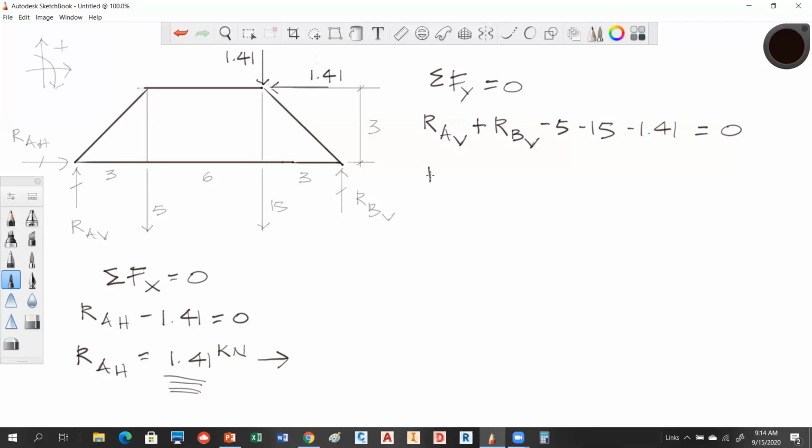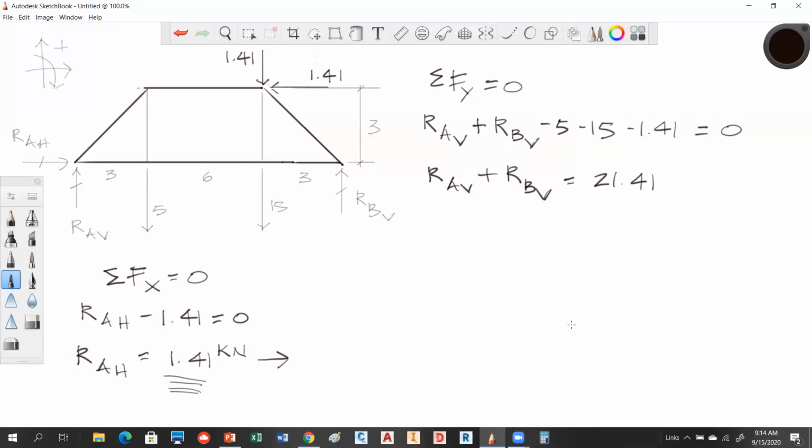So I get RAV plus RBV, and that comes over as a positive 21.41. So we do know that these two reactions are going to carry between them a load of 21.41, but we don't know what the distribution is here, okay?